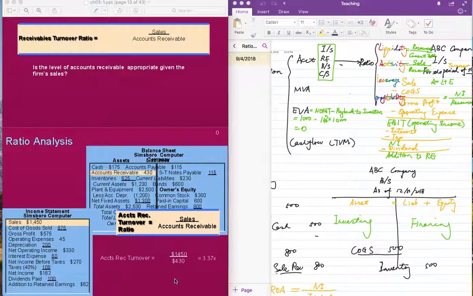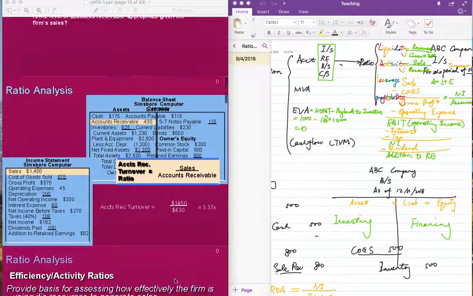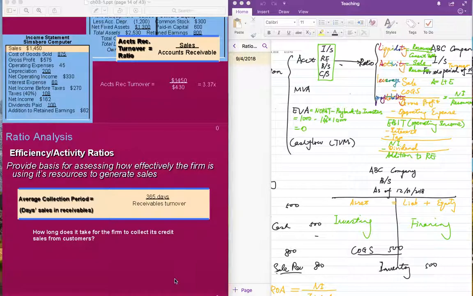So based on that, we can calculate how long on average it takes for our firm to collect cash from accounts receivable. Very easy. If we collect cash 3.37 times in a year, we can simply use 365 divided by the turnover ratio, 3.37.